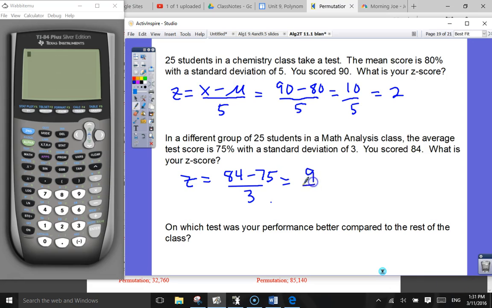So it's 9 away from the mean. And then you divide by the standard deviation, that means it's 3 standard deviations above the mean. So in which test did you actually do better relative to your classmates? The second one, you were 3 standard deviations better than the other one, right? So he's better in the math analysis class.